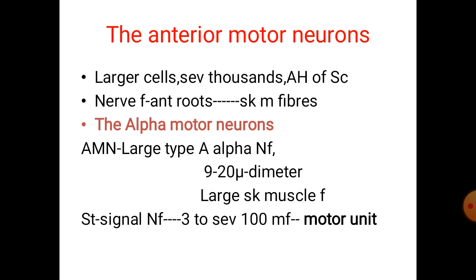So each single anterior alpha motor neuron, along with the nerve fiber and the muscle fibers it supplies, forms one unit, and that is called a motor unit.